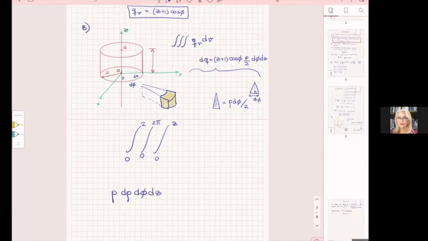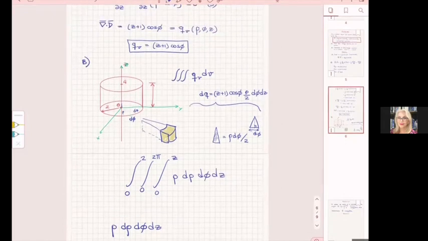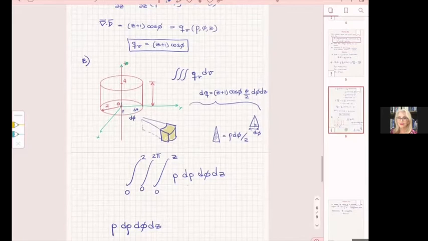And then we are going to have rho d rho d phi dz, and q, which is z plus 1 cosine phi. All right, d phi is the same thing.